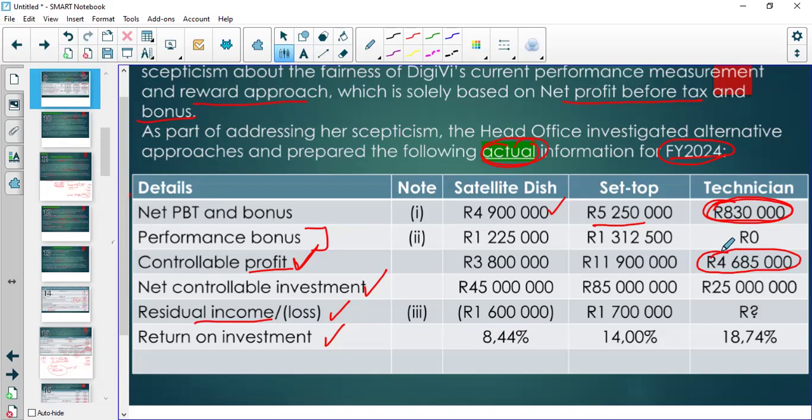So they might have earned the performance bonus, because they actually meet this. If we adjust for the costs that they cannot control, this one wouldn't meet that, because it falls below, and this one would meet that 4 million rand benchmark.